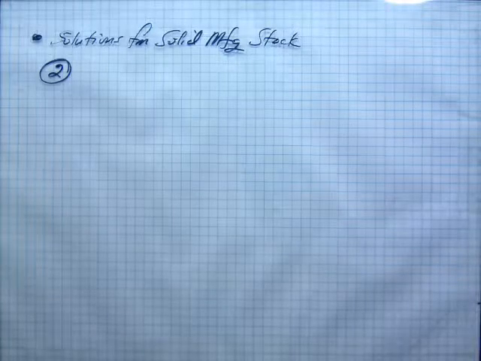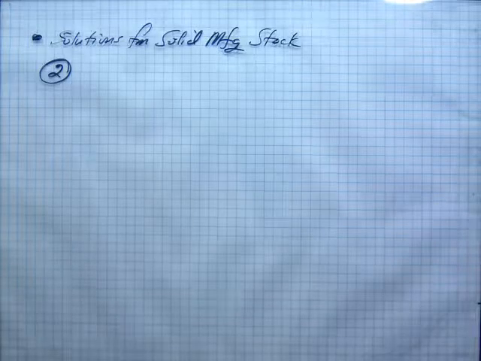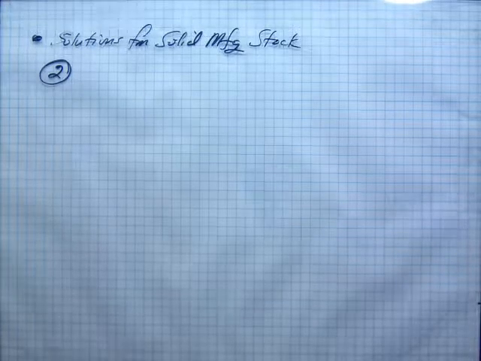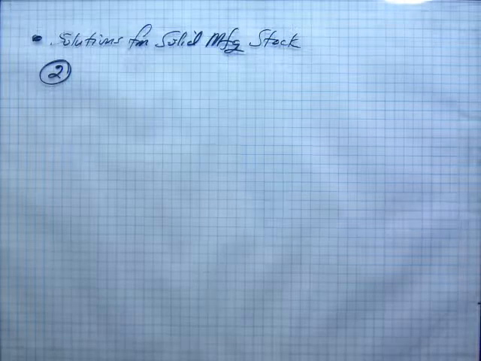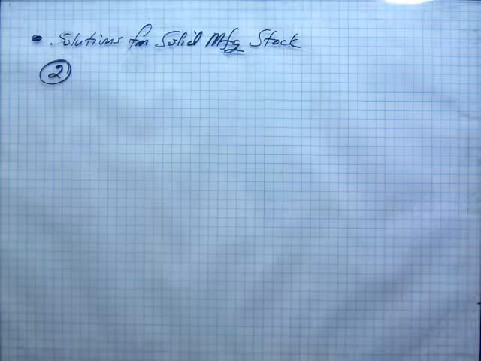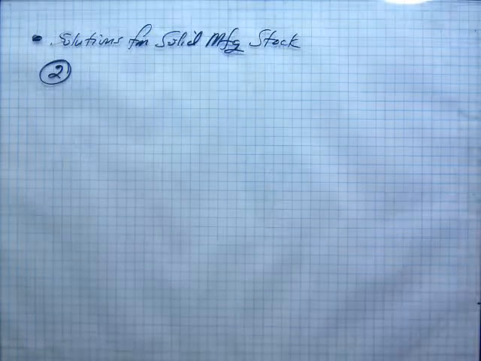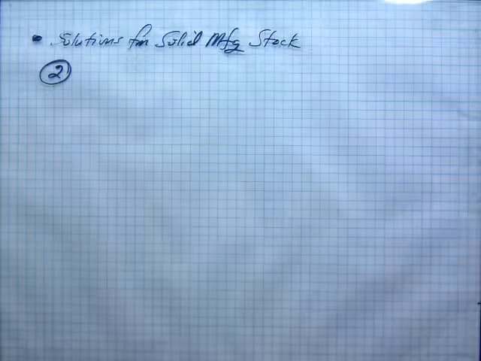Okay, we continue. Problem 2. A solution of sodium acetate is prepared by mixing 135 grams of the salt into water to make a 225 milliliter aqueous solution. The assay purity, wait a minute, I already gave it.